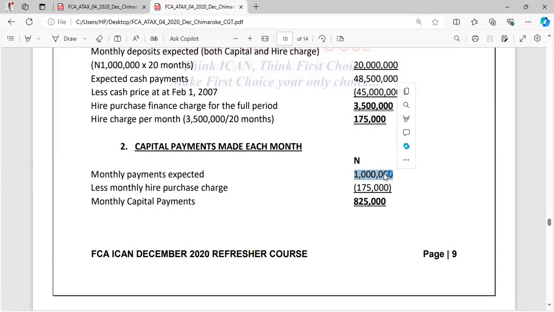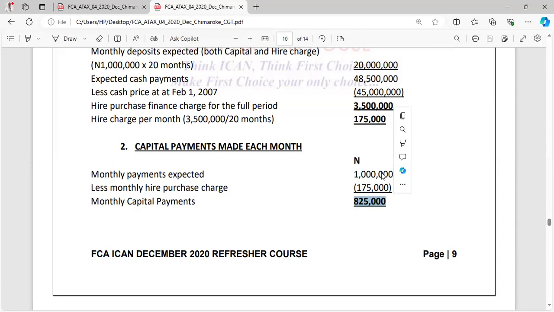It contains interest per month of 175,000, which we calculated here. When we remove 175,000 interest from what we paid as our monthly installment, the capital part of this 1 million is 825,000, whereas the interest part of it is 175,000.